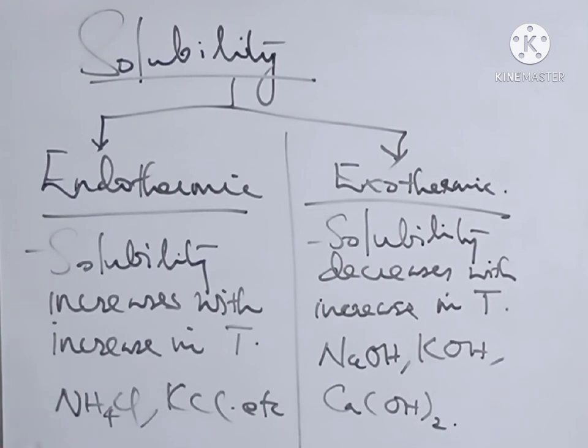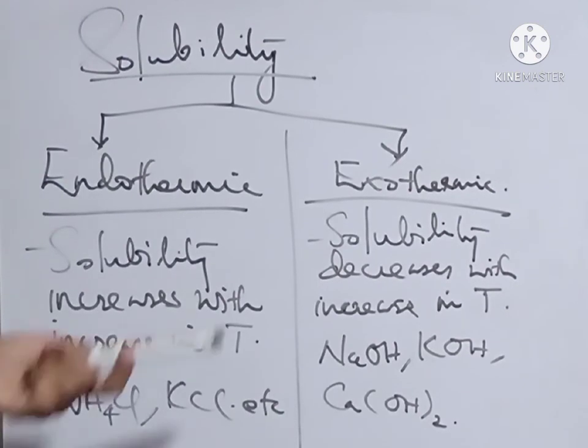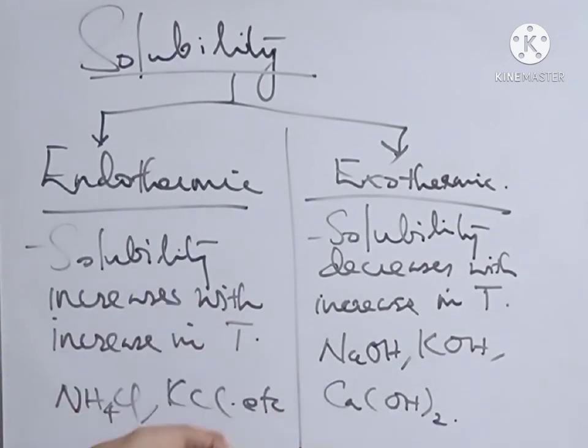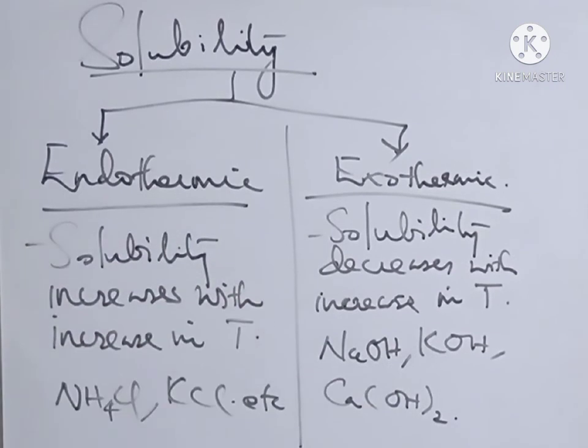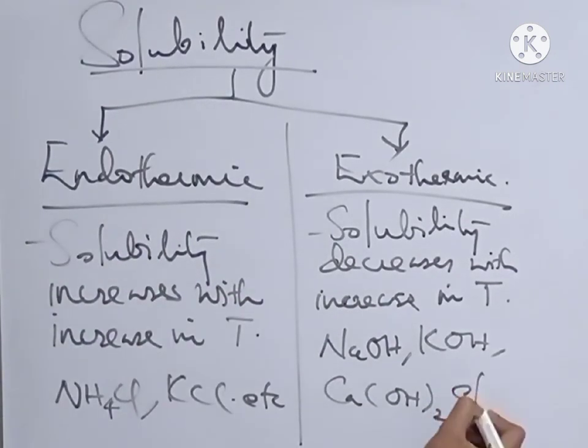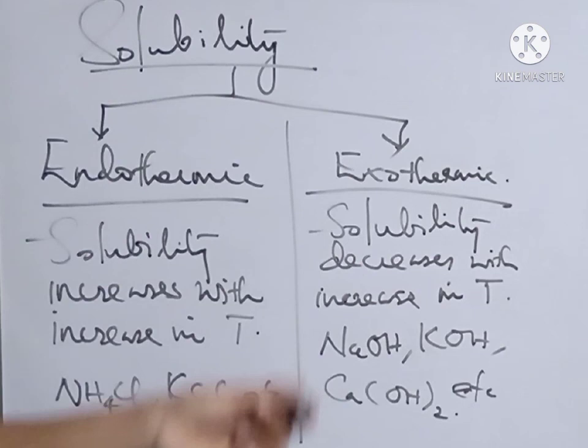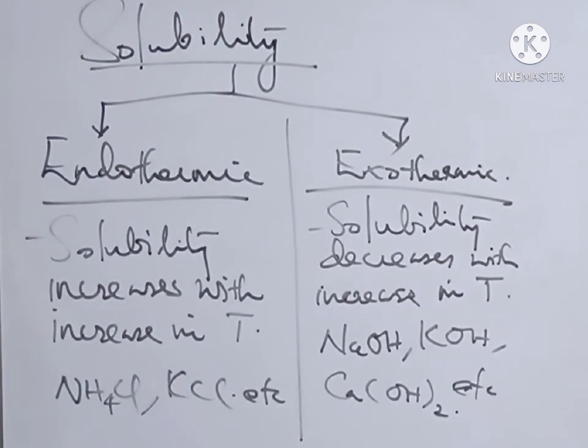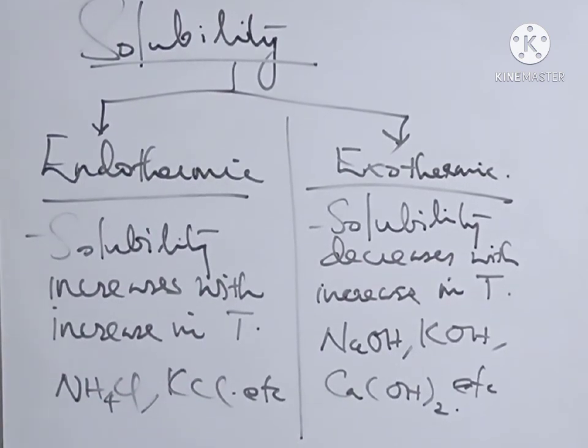So the solubility of ammonium chloride, potassium chloride, etc. increases with increasing temperature. On the other hand, the solubility of sodium hydroxide, potassium hydroxide, calcium hydroxide, etc. decreases when temperature increases. So this is all about the Le Chatelier principle.